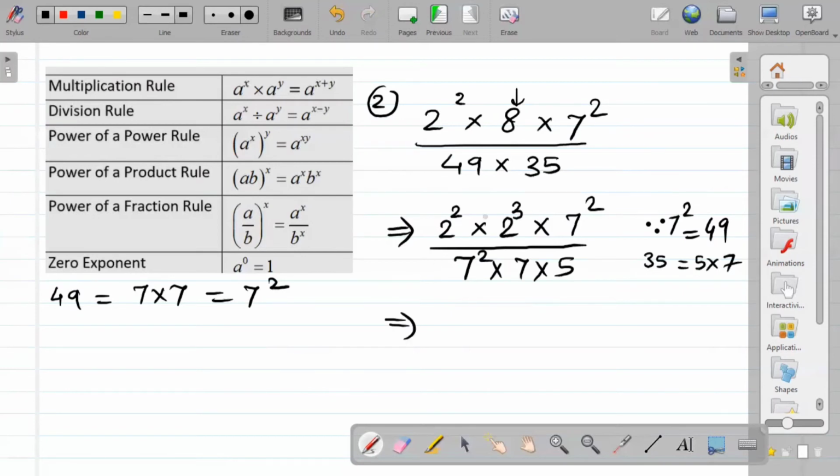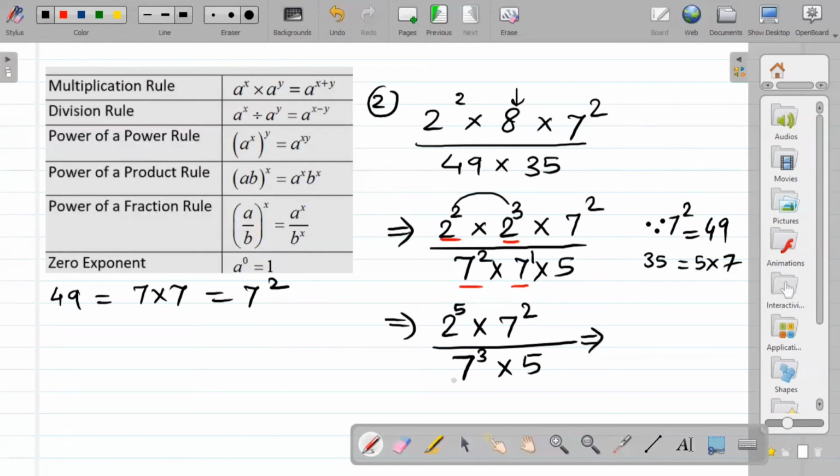Now, whatever same bases are there, add them. Wherever different bases are there, if they are in division, subtract them. Now we have the 2 with the same base, and 7 in the denominator with the same bases, so we can add them. 2 to the power 2, 2 to the power 3, addition 2 plus 3 is 5, multiplied by 7 square divided by 7 square; the plus power is not there, so 1 is there, 2 plus 1, that is 7 raised to the power 3, multiplied by 5, which is equal to 1.